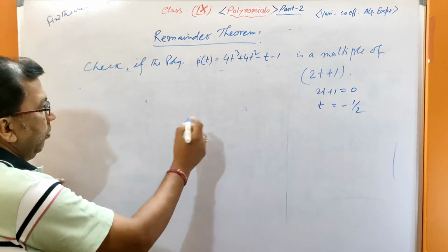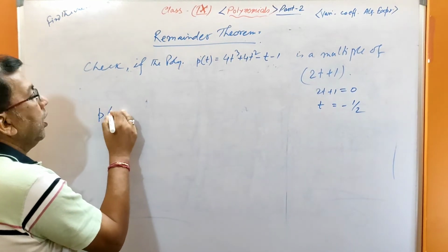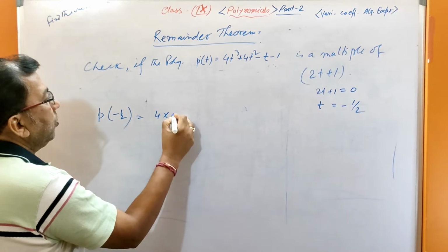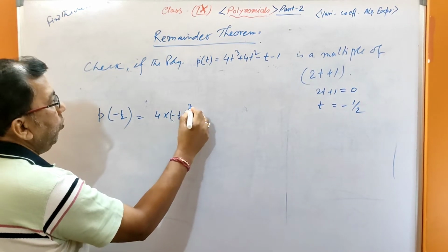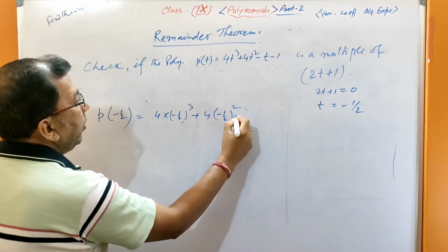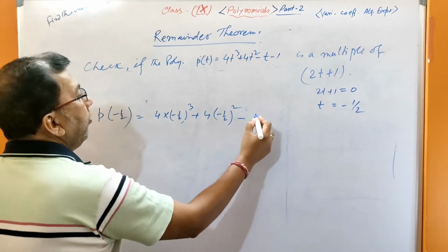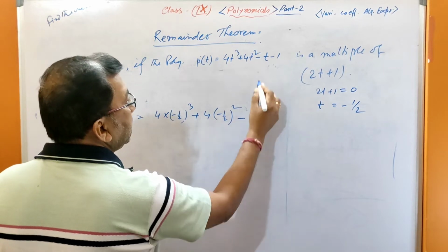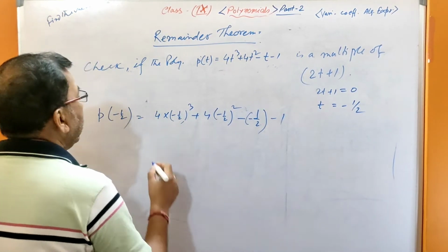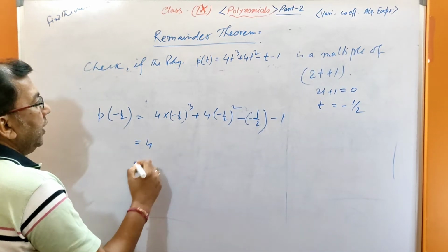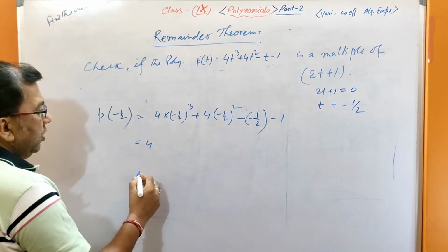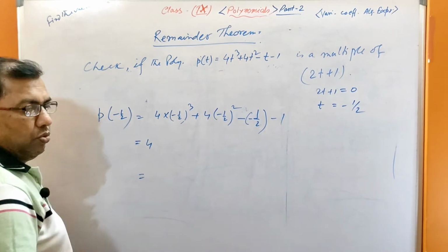So you have to find p(-1/2), which equals 4 times (-1/2) cubed plus 4 times (-1/2) squared minus (-1/2) minus 1. Clear? That means the remainder will be 0.